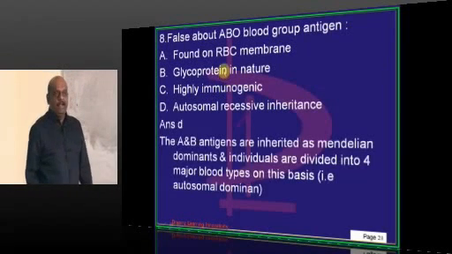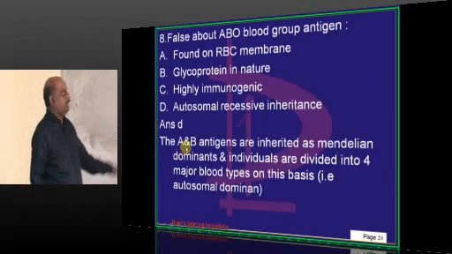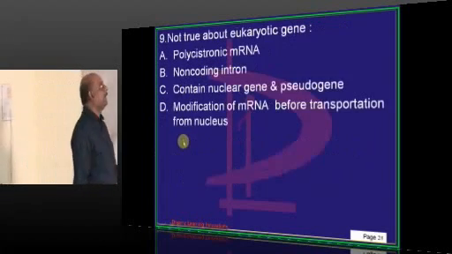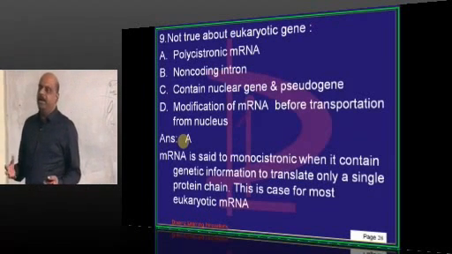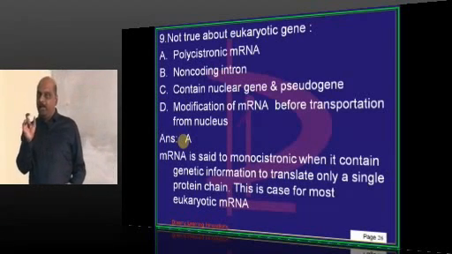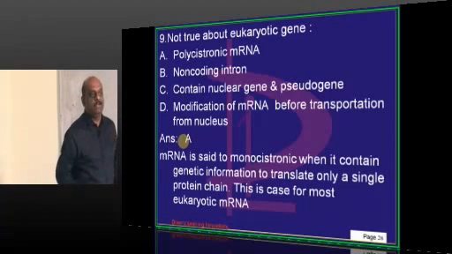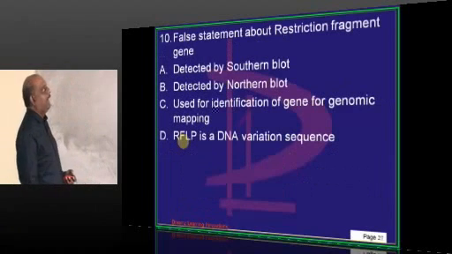Then ABO inheritance is a dominant and a codominant inheritance, but not autosomal recessive, is what you have to basically remember. Now coming to the eukaryotic gene, mRNA is monocistronic. That is, one mRNA is for one protein production at any given time rather than multiple proteins, is what you have to basically understand.